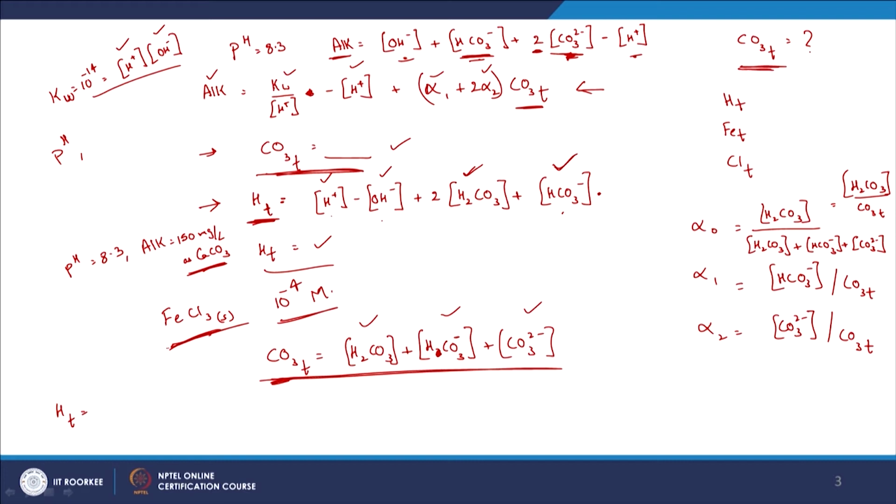Why is that? I think to better explain, I had better write down the species. So earlier we had only H plus, OH minus, H2CO3, HCO3 minus and CO3 2 minus, right. And from this I have CO3 total and H total, and I wrote them down previously, anyway let me write them down here.